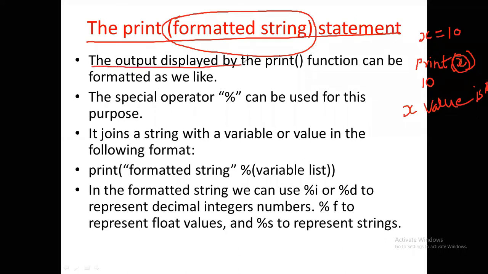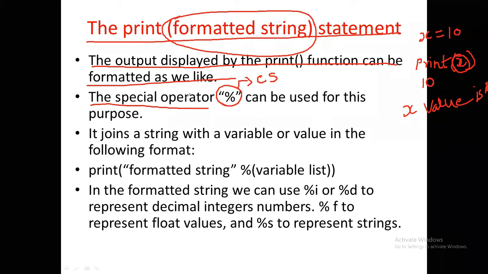The output displayed by the print function can be formatted as we like. That means as a user, however you want to represent the data, you display it with the help of the print function. Here the special operator percentage, which I hope you know from C language as the control string, is used for formatting the data.